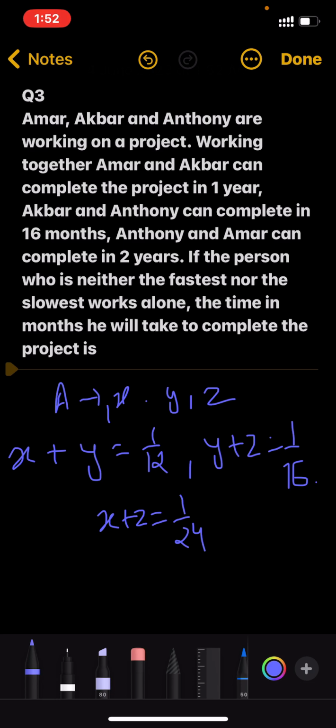So 1 by 12 plus 1 by 24 plus 1 by 16, the denominator will be 48, so 4 plus 2 plus 3 is 9, 9 upon 48, so after cancelling, 3 upon 16. Actually, 2 times (x plus y plus z) gives 3 upon 32. You can do it verbally, you can write it as well, but I did it verbally only. So 3 upon 32, this is what we got as x plus y plus z.